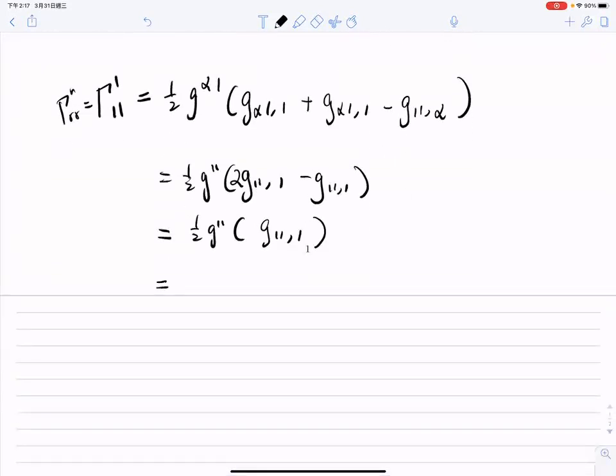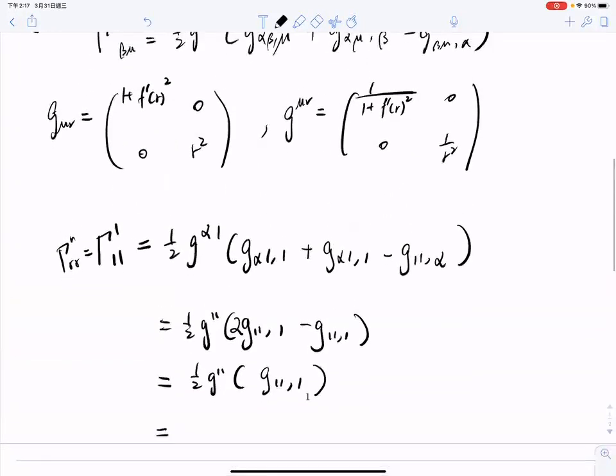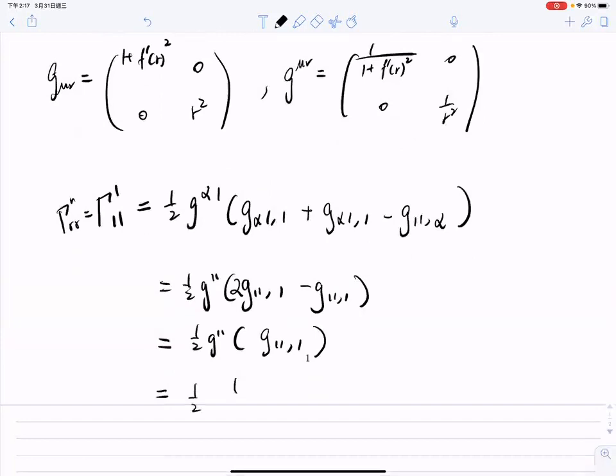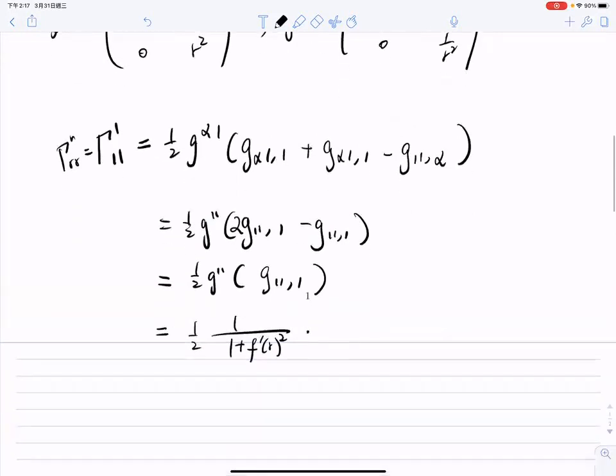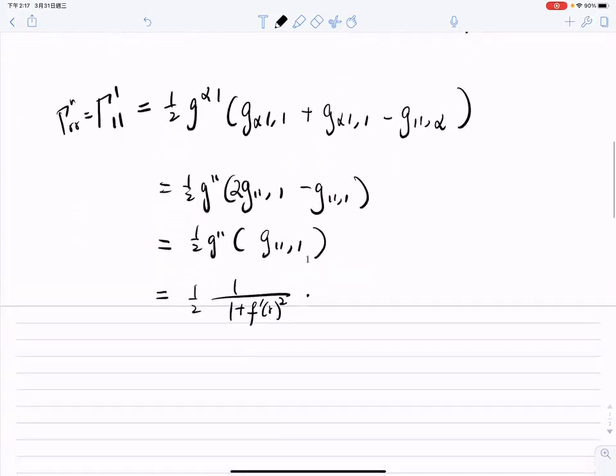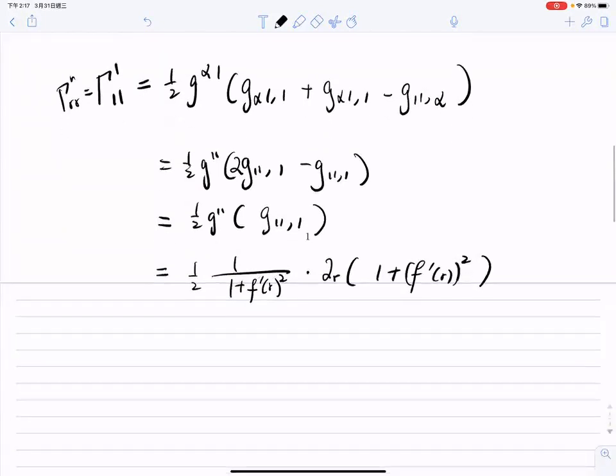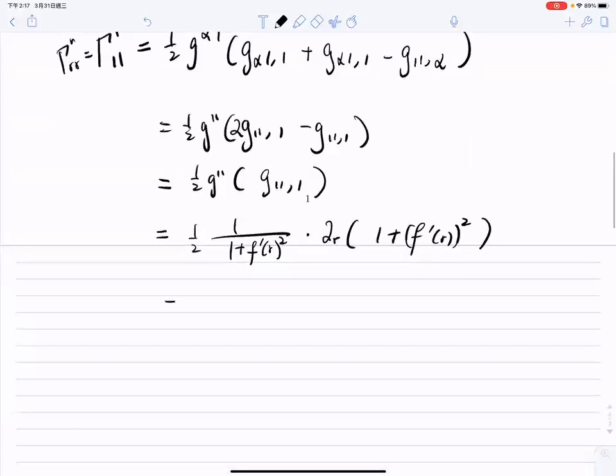We know the inverse metric G^11 is 1 over (1 plus f prime squared), and the derivative of G11 is the rho derivative of 1 plus f prime squared.